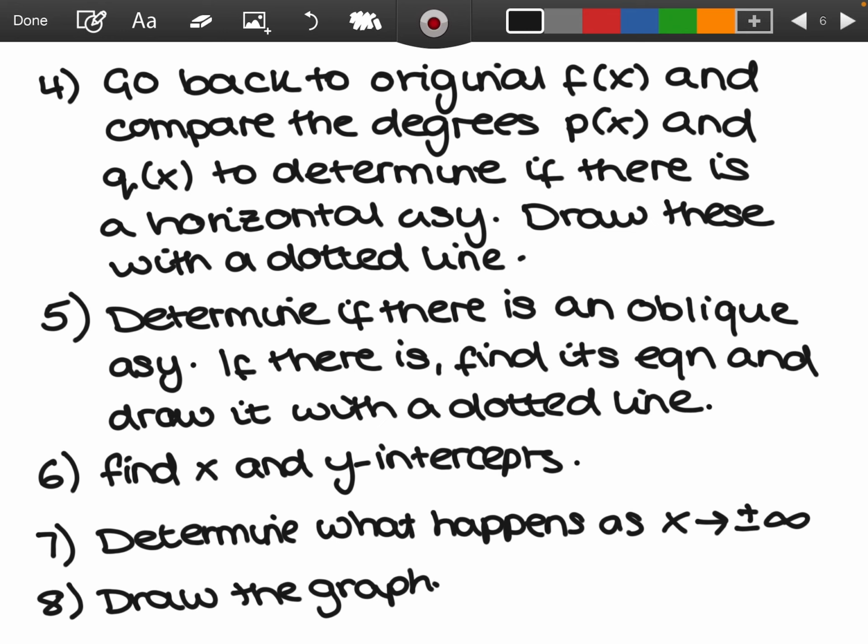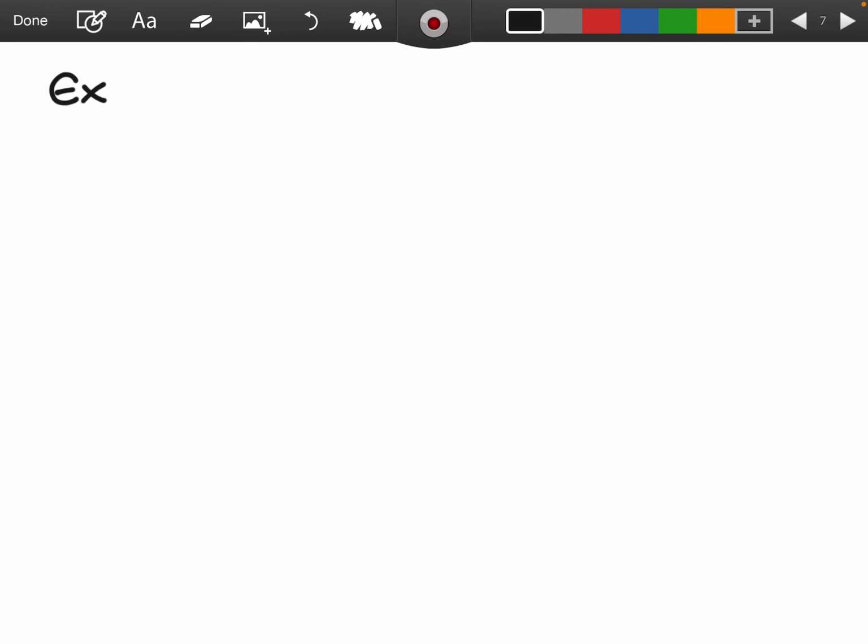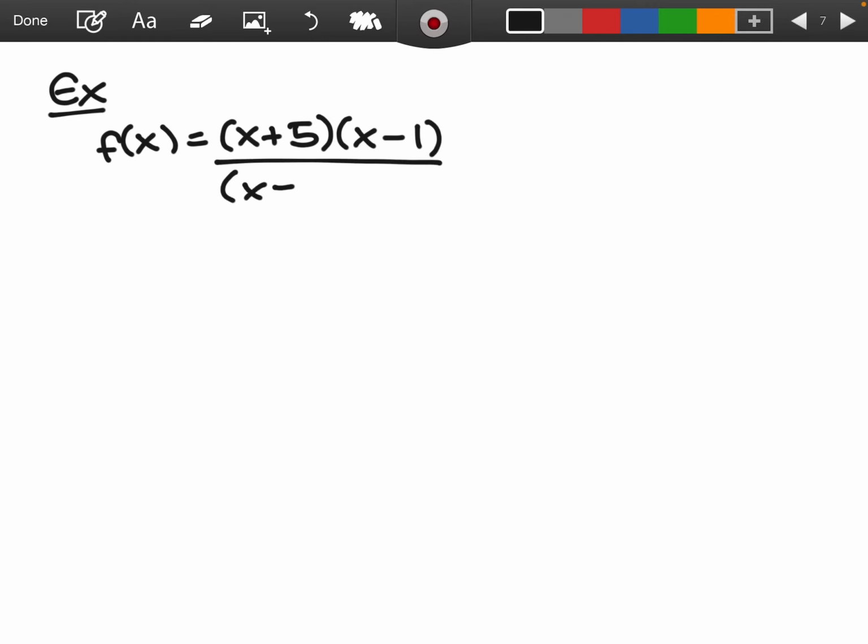Okay. I'm going to do this via an example so you can actually see this in action. So I'm going to do the example of f of x is equal to (x plus 5)(x minus 1) over (x minus 6)(x minus 1).